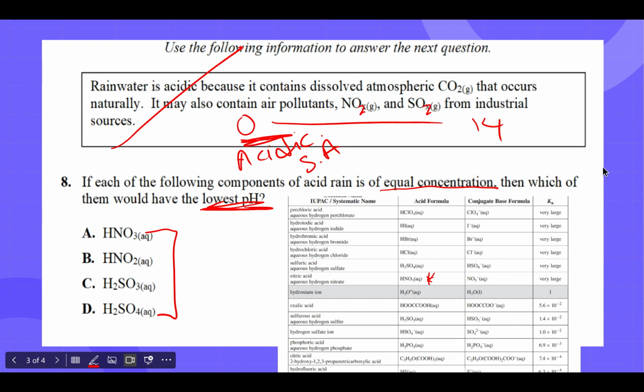HNO2, I am not seeing it at the moment, so I probably didn't get it in my screenshot, and it'll probably be lower down. H2SO3 is right here, and then you have H2SO4. So between the acids that we can see on this chart, sulfuric acid is the strongest one, so it would have the lowest pH.